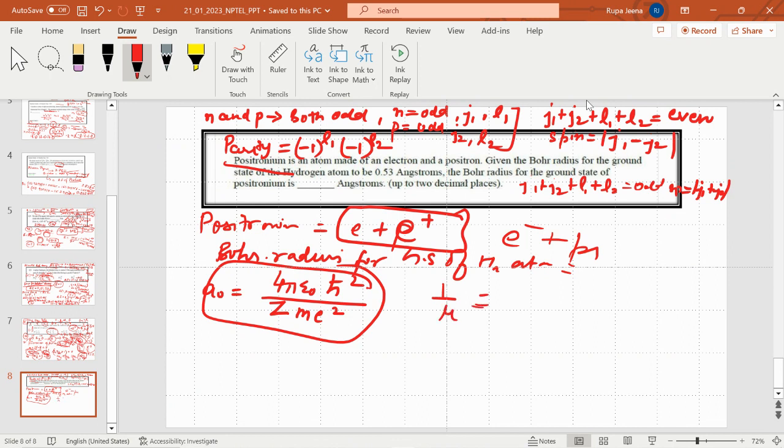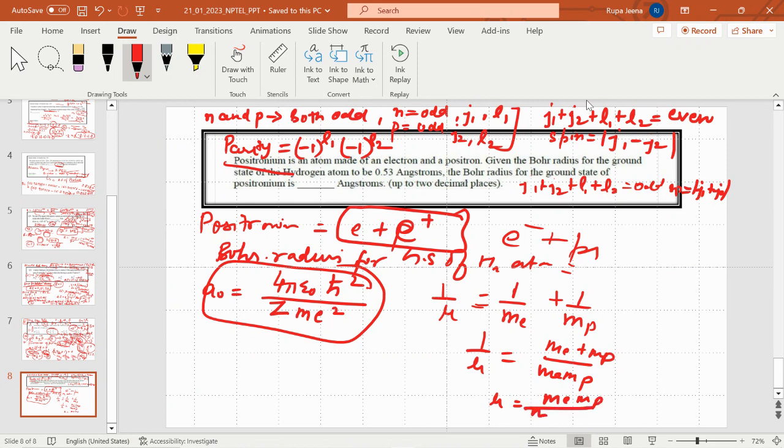So their combined mass will be 1 upon mu equals 1 upon me plus 1 upon mp, so mu is equal to me mp upon me plus mp. You know the mass of proton is very much larger than electron, so we can cancel, and in case of hydrogen, mu is replaced by me.